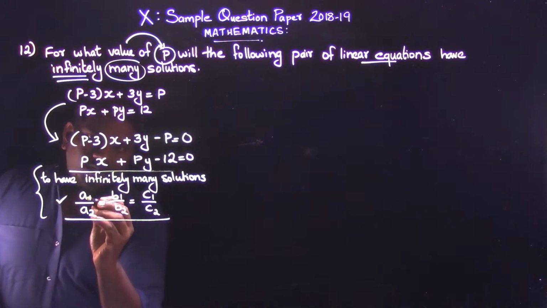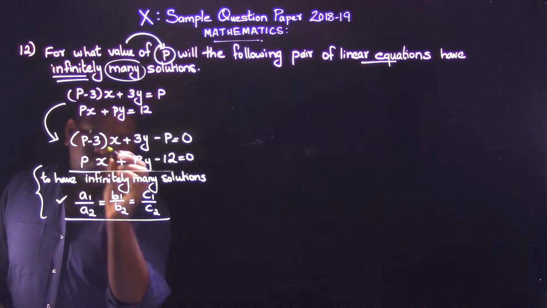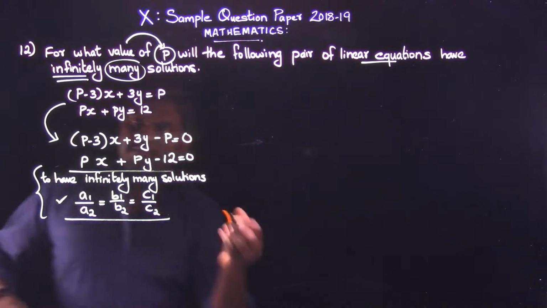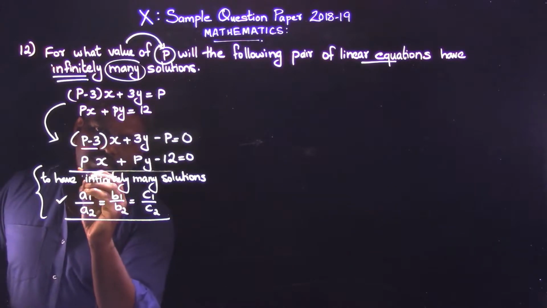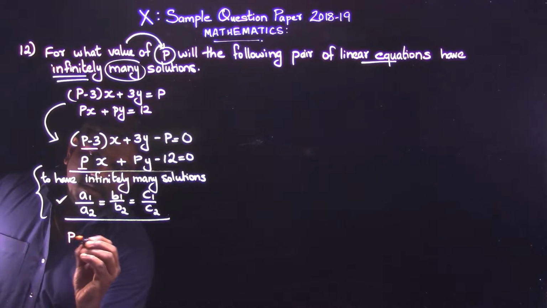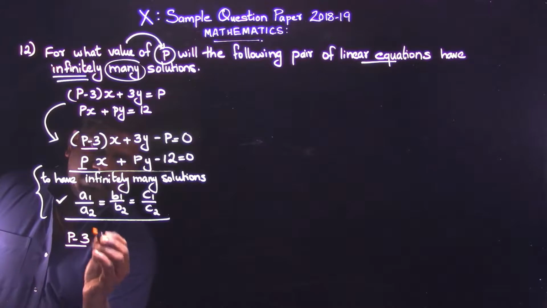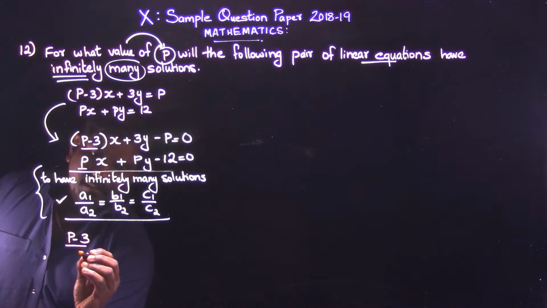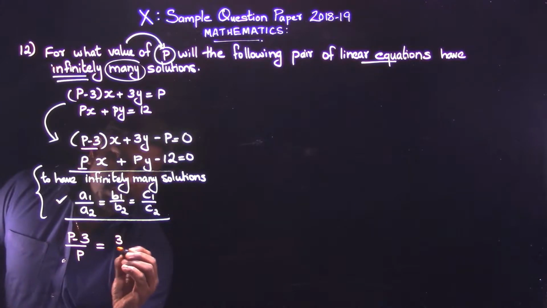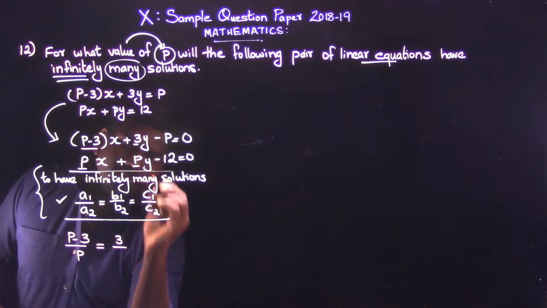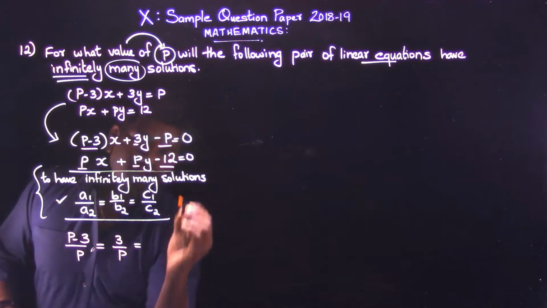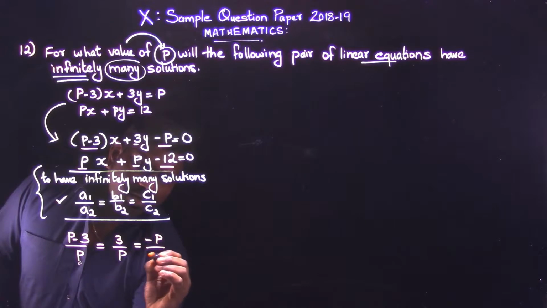Now what is the value of A1 here? A1 is this, A2 is this. So the equation becomes P minus 3 by P is equal to 3 by P is equal to minus P by minus 12.